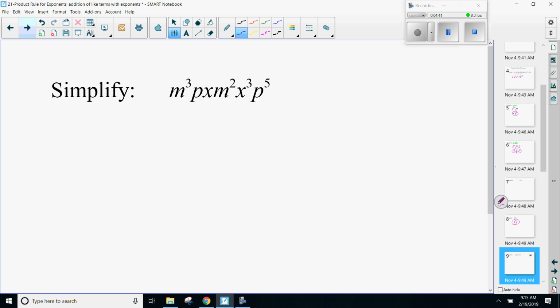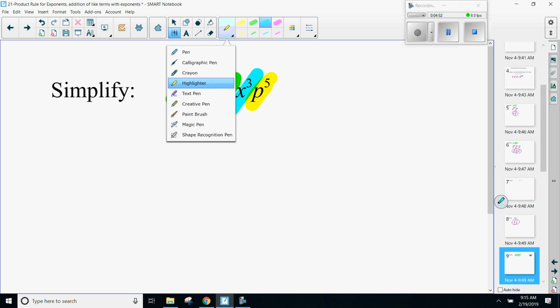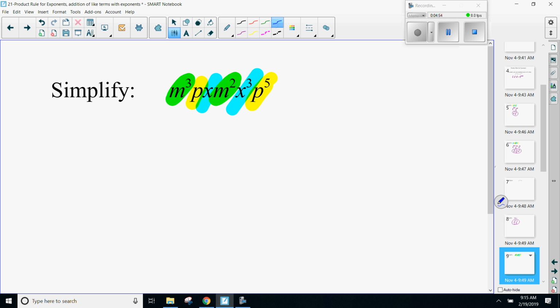So this one, m's, p, x. This is a 1 and a 1. So I look at the m's, add. 3 plus 2 is 5.